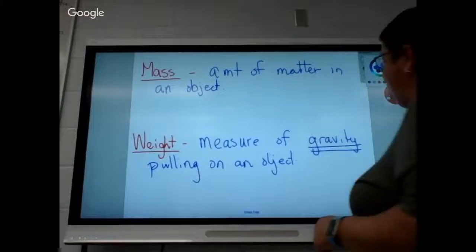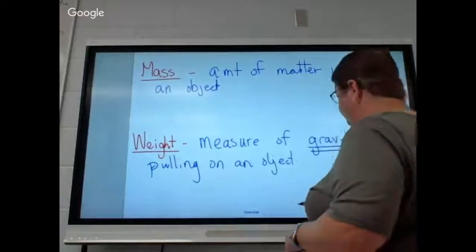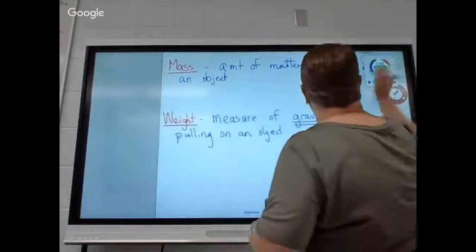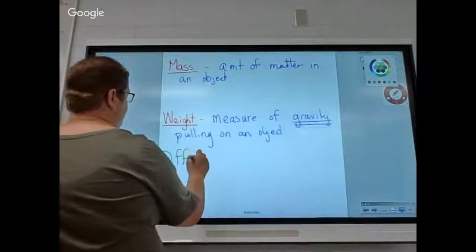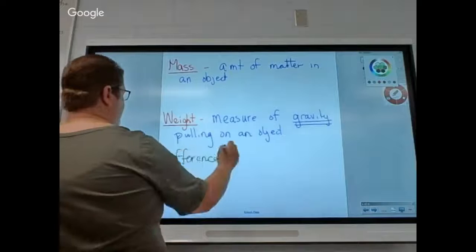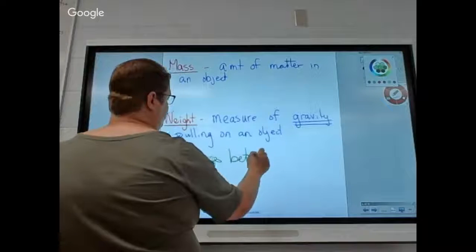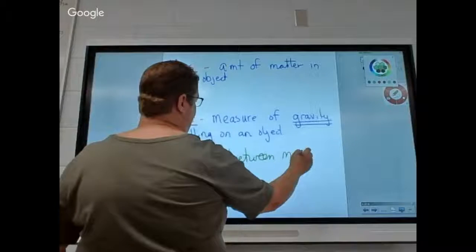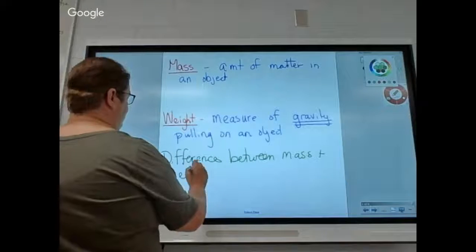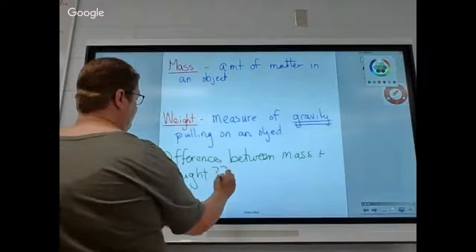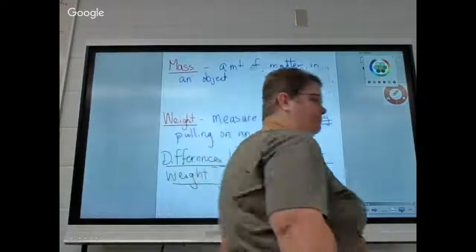Now, if I was to ask you, what is the difference between mass and weight? Can you tell me?